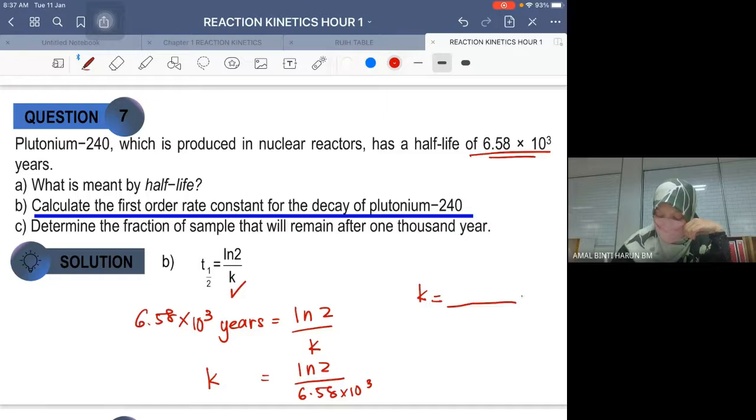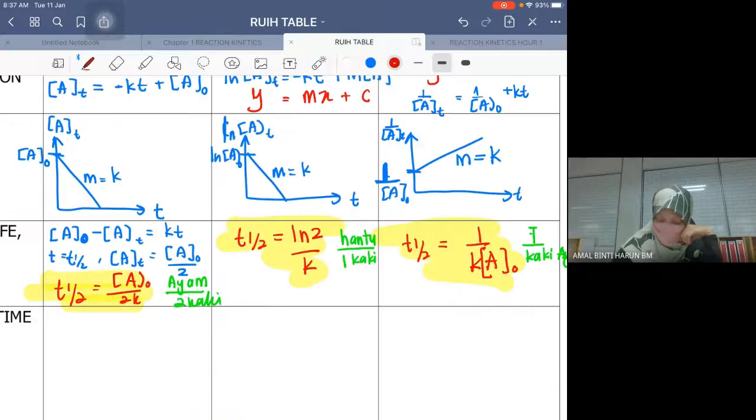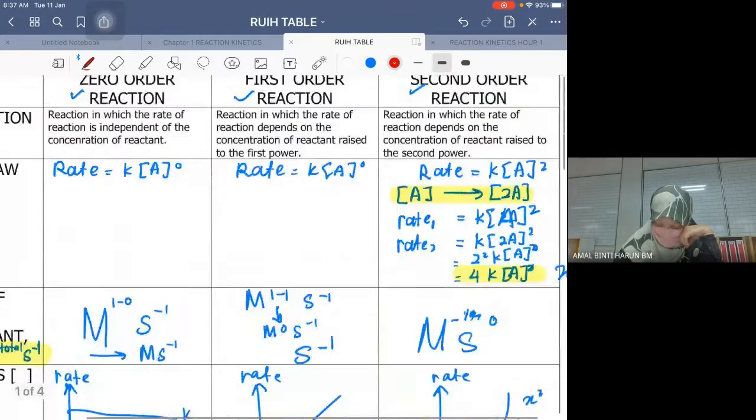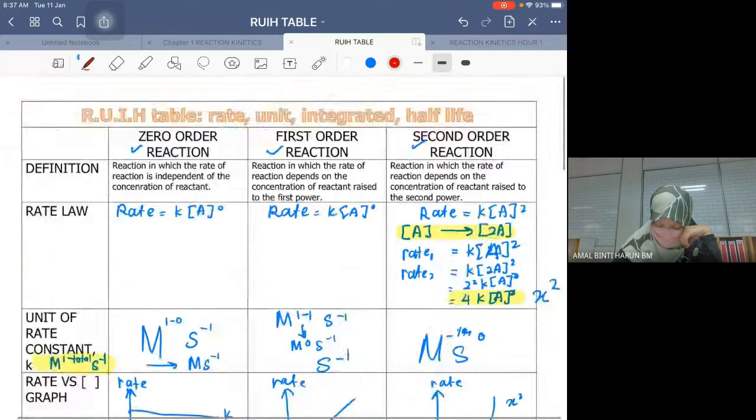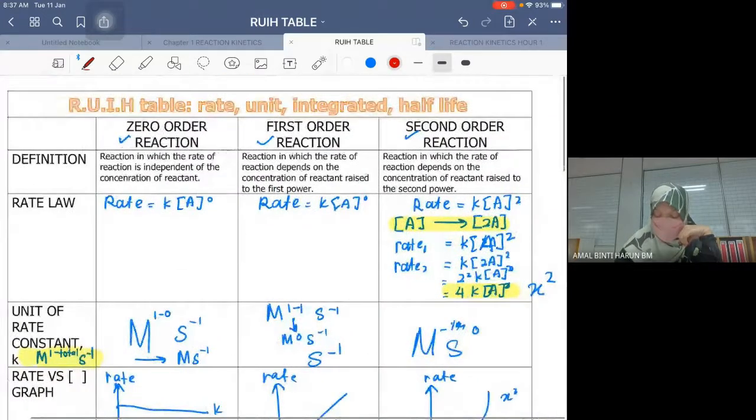It is per year. Janganlah kata per second. Ini kan years. Unit constant kan, per second kan. Kalau dia tahun, tahun lah. Kalau dia hour, hour lah. Minit ke.